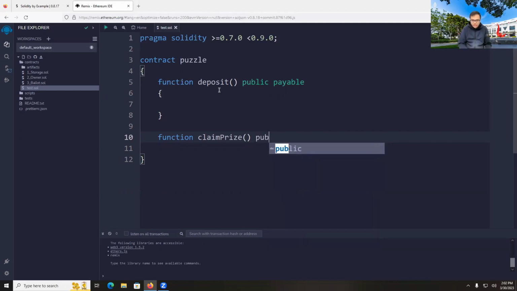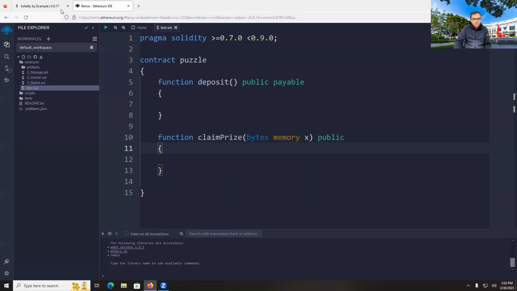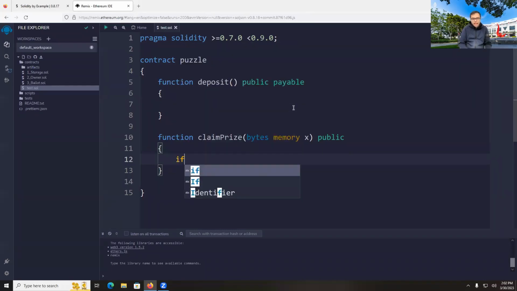So again, this one is also public, it's not payable. And let's say it gets some value X. Now the type here should be this. I'm not going to talk about the details of how types work here, just look at Solidity by Example, learn these things. The important thing is it gets some value X, and then it just computes the hash of this value.